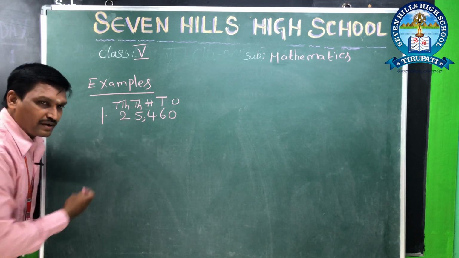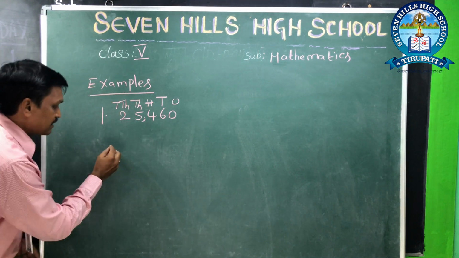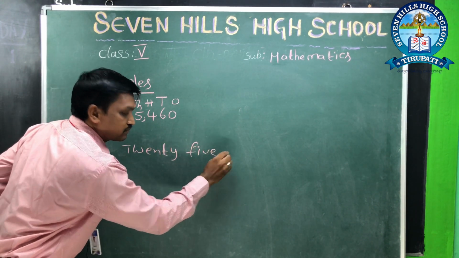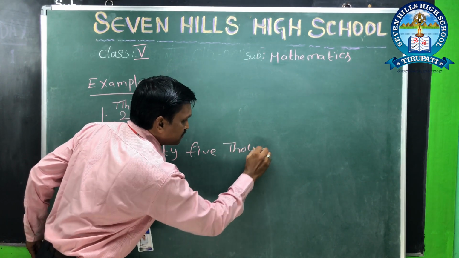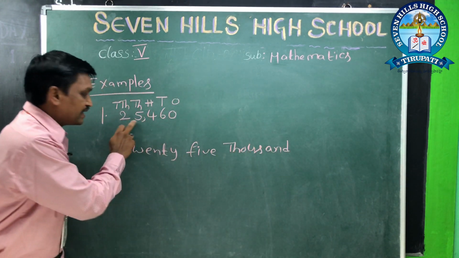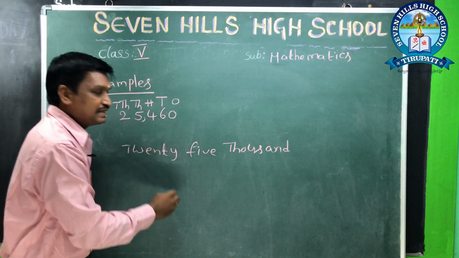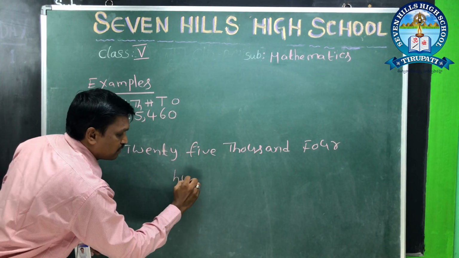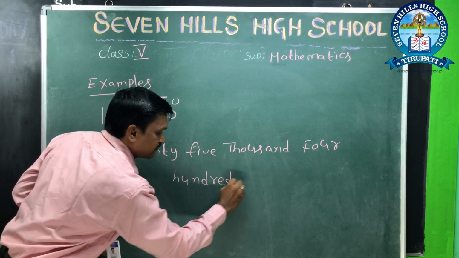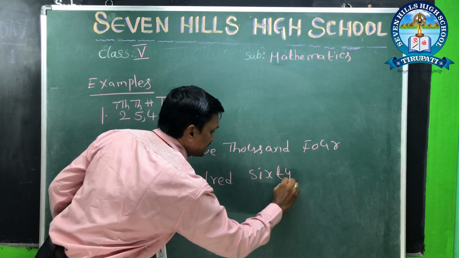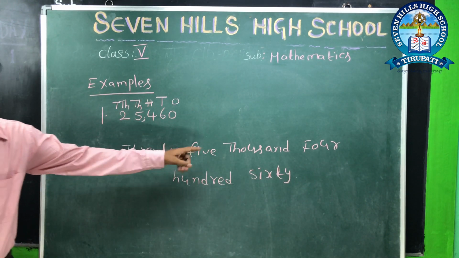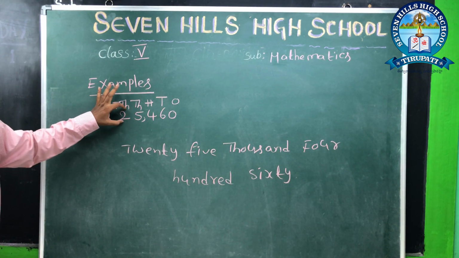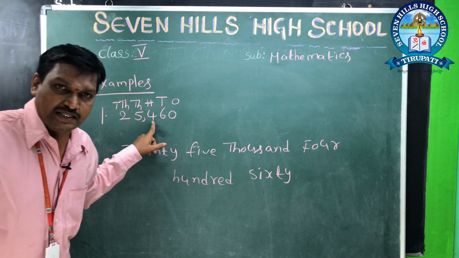Now we can write it as a number name. 25,460. It is the number name of the given digits.